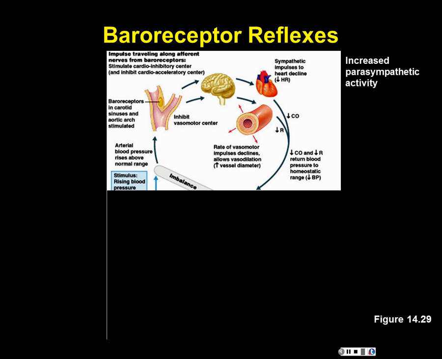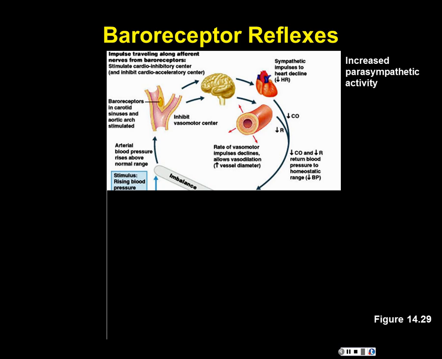So collectively this drops our cardiac output. Good. It also affects the blood vessels to dilate, which decreases our resistance. In combination, this will bring our blood pressure back to set point. So if our blood pressure is too high, stop stimulating the heart and blood vessels. Let's turn down the activity.